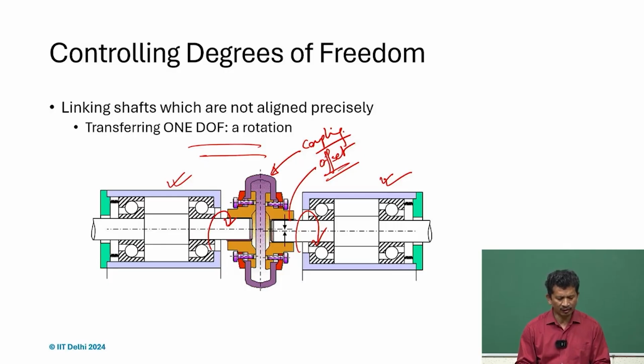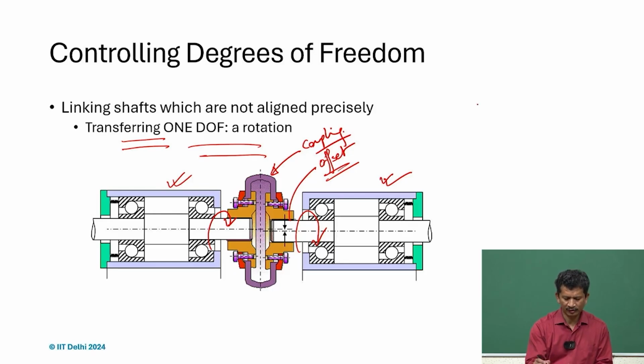So, that is the only constraint we want to have between the two shafts. And that is why we call it transferring one degree of rotation. So, transferring one degree means the two bodies are constrained in rotation only. So, all other 5 DOFs should be free. So, we have 5 degrees of freedom in this case, and this has to be coupled.